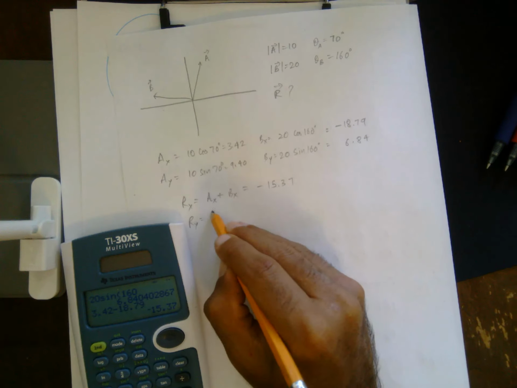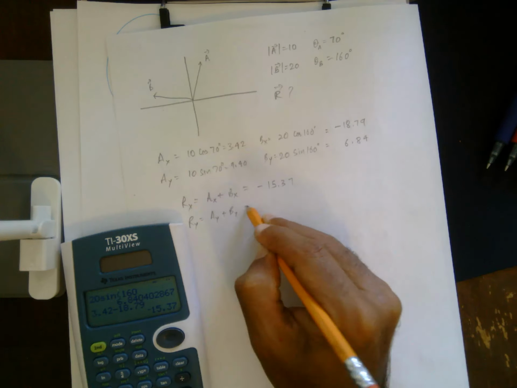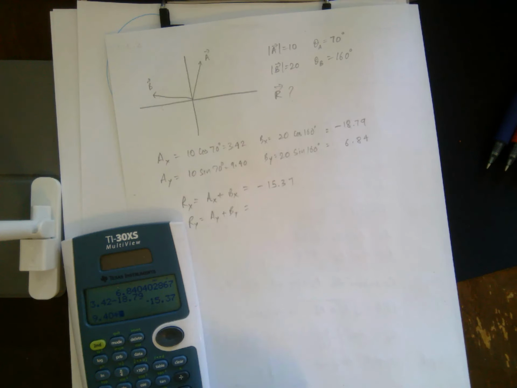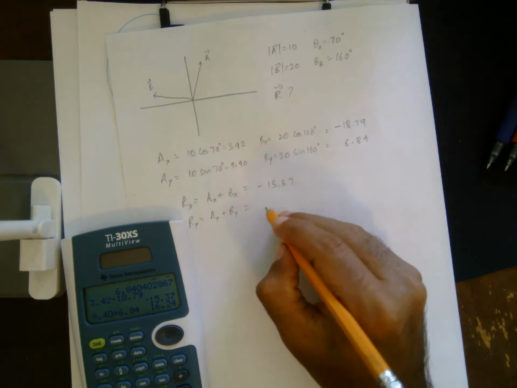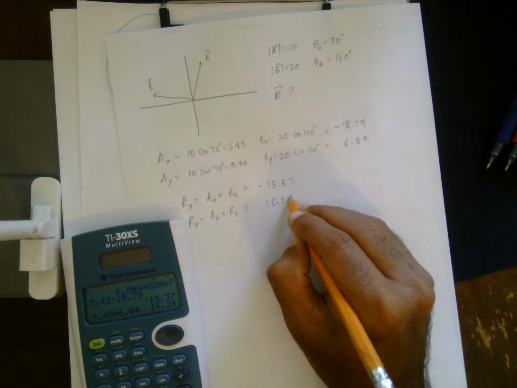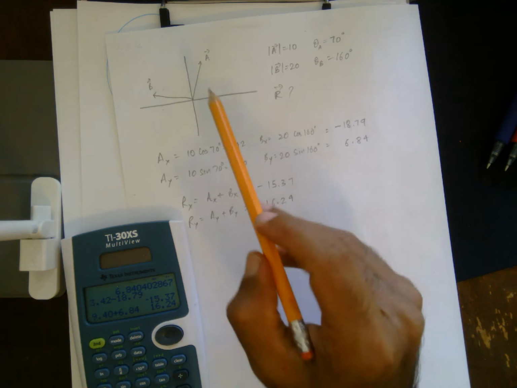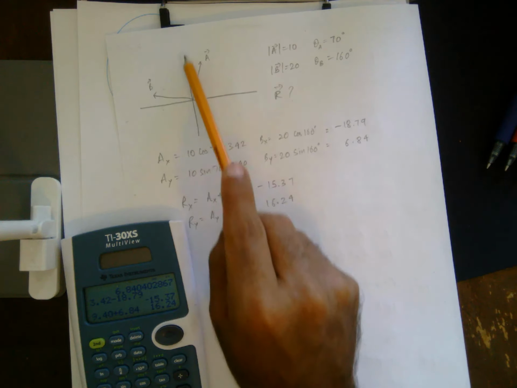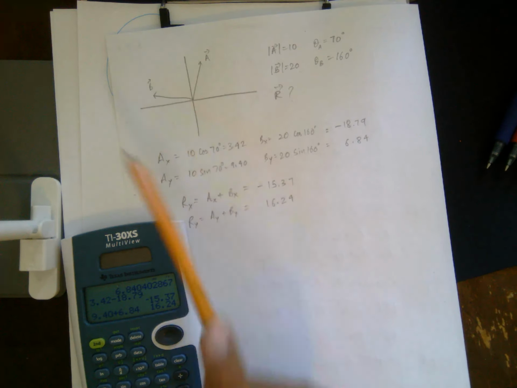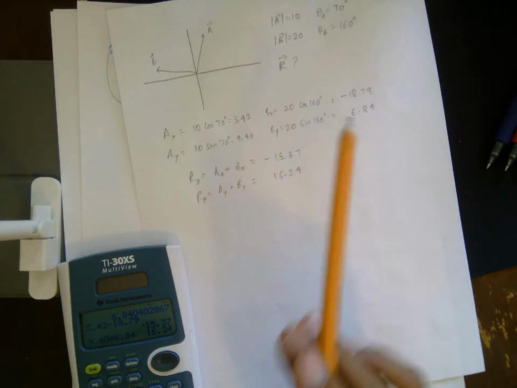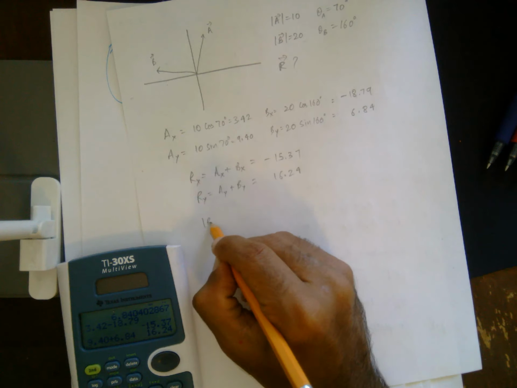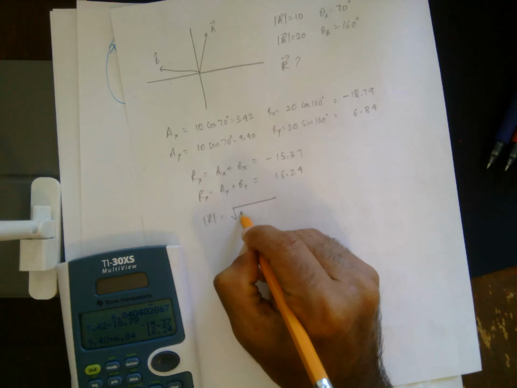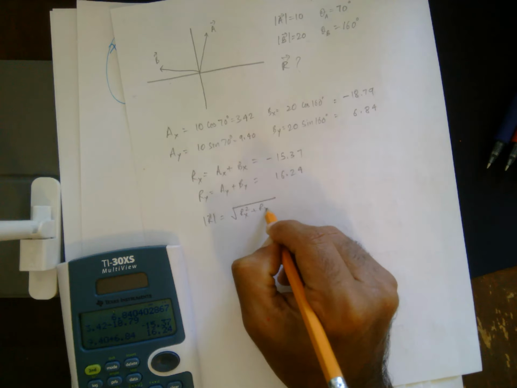Ry is AY plus BY, is 9.40 plus 6.84 is 16.24, positive. So if you have x component going to the left and y going up, it means R is going to be in quadrant 2.